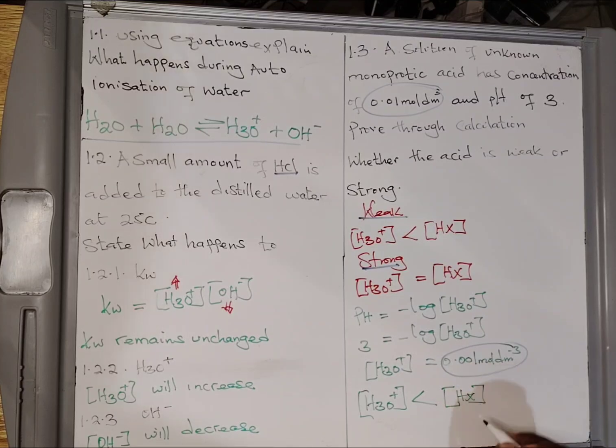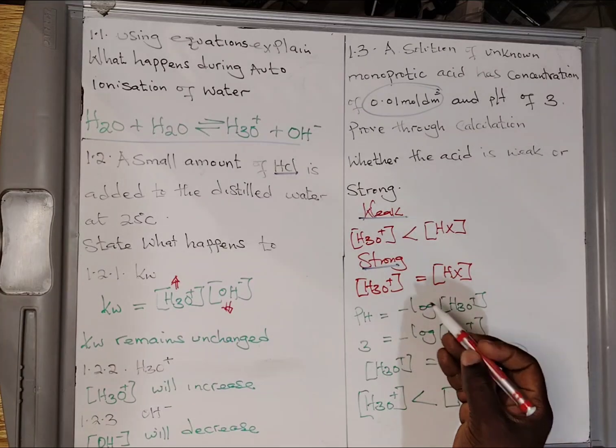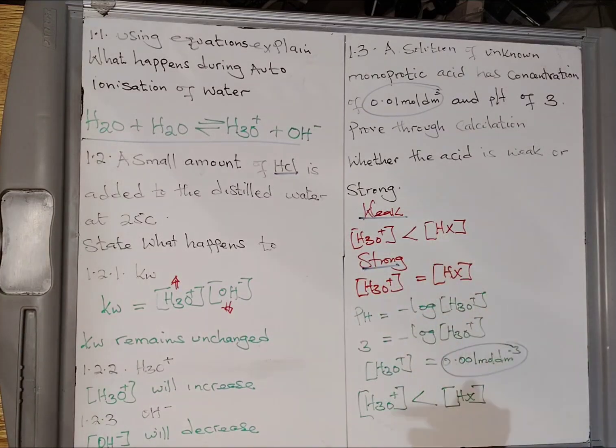Remember, they said the acid is monoprotic. 1 mole of the acid releases 1 mole of hydronium ions. So what do we say here? The conclusion is here. It is a weak acid.